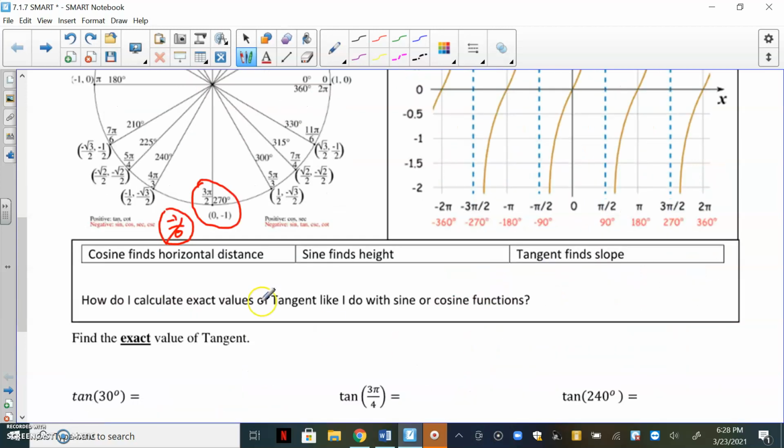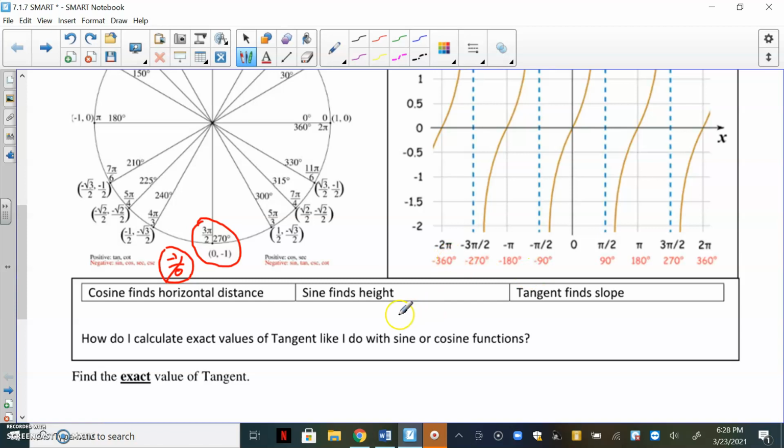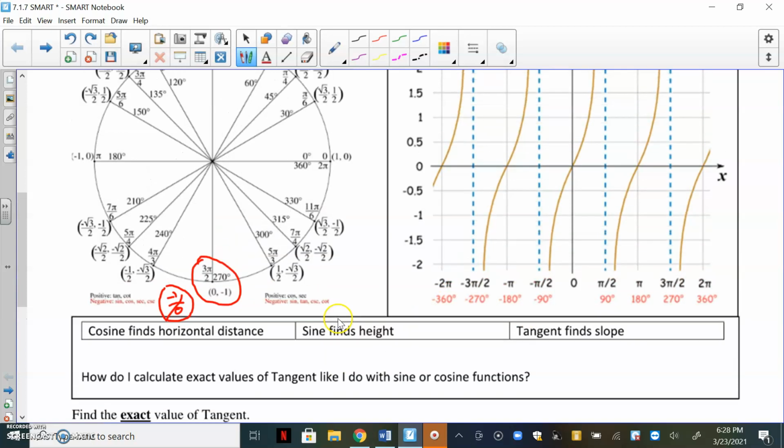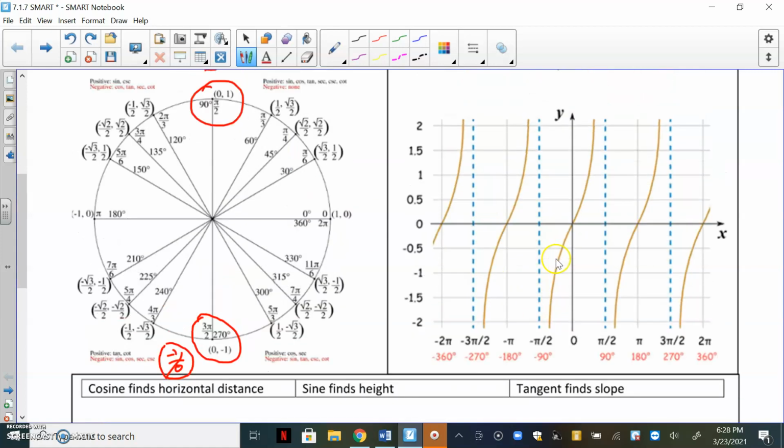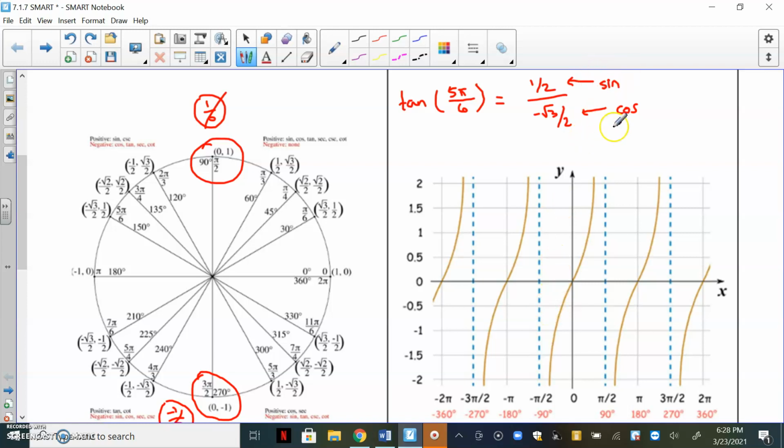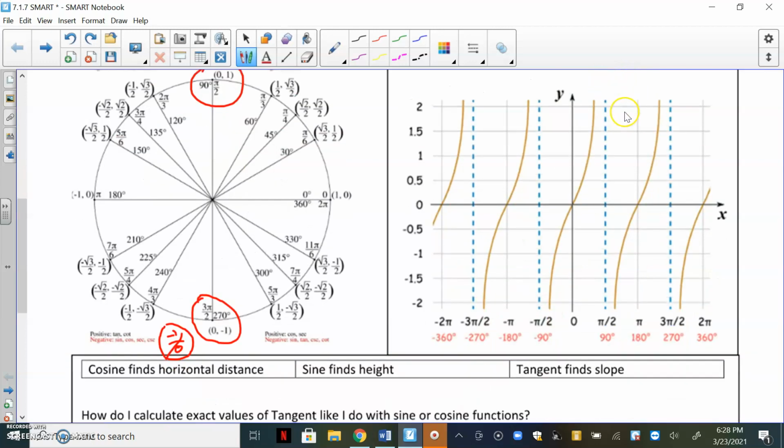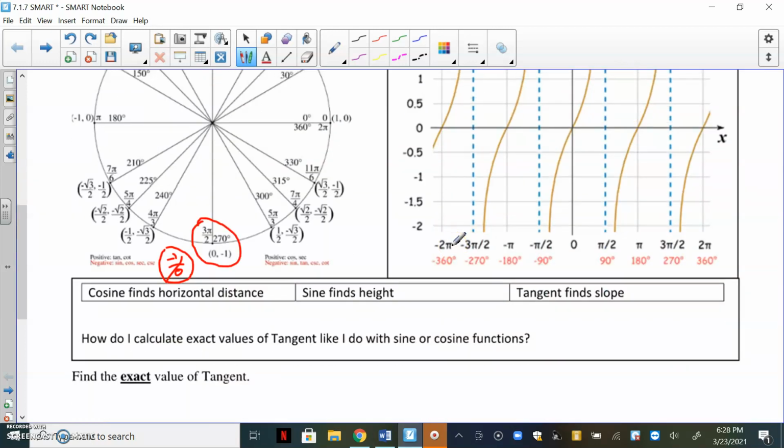The other thing I want to talk about is what each of these actually means. We've talked a lot about how cosine is the horizontal distance on the Ferris wheel, and sine is the height off the ground on the Ferris wheel. And what tangent is, if you think about what's going on here, it's doing sine divided by cosine, which means we're doing a vertical over a horizontal. That's the same idea as slope, right?